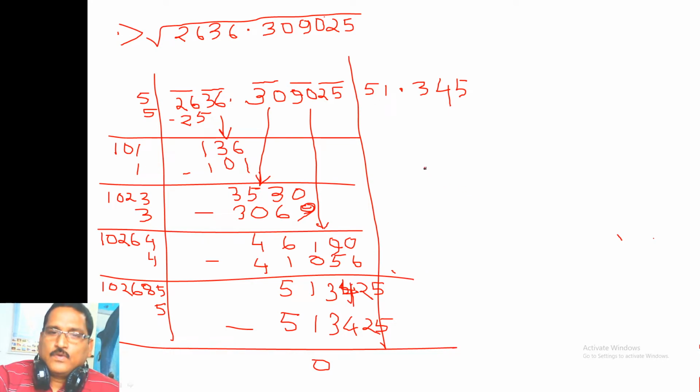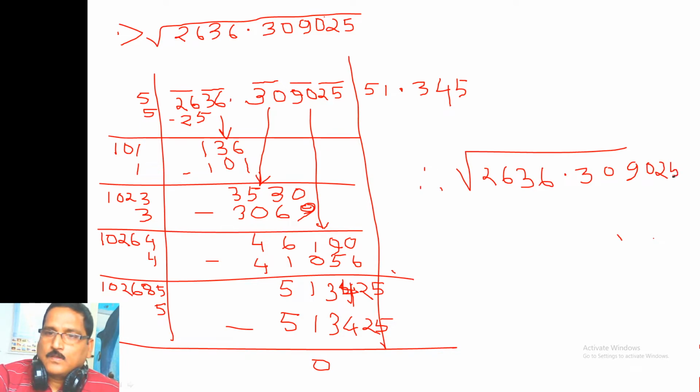So 5. Therefore, the square root of 2636.309025 equals to 51.345.